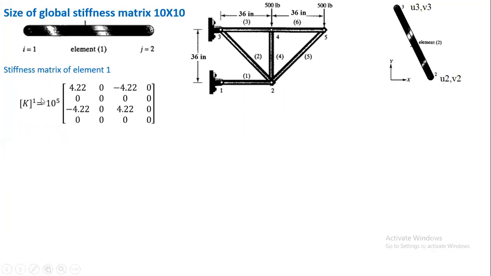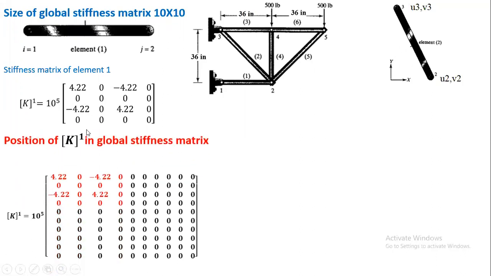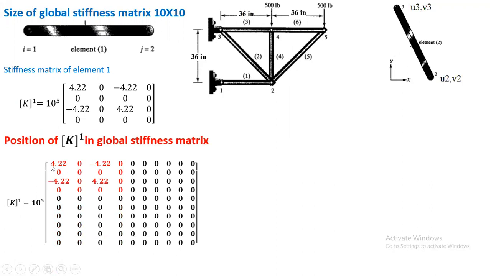Now see here, this is your first element stiffness matrix. Now first assume this is a 10 by 10 matrix having zero elements. Now if you observe element number 1, it has node number 1 and node number 2.